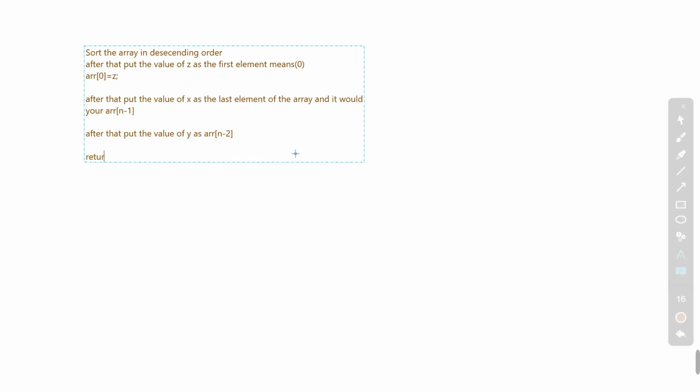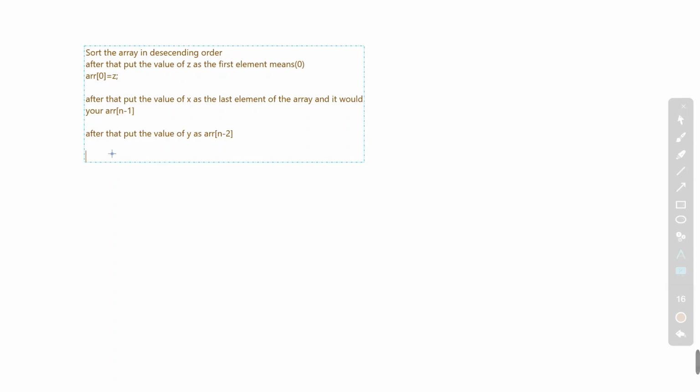And yes, for the mod, one thing I left out, array n minus 2. For the mod there is a function, I think it's something with p, I don't remember, I used it from the internet.